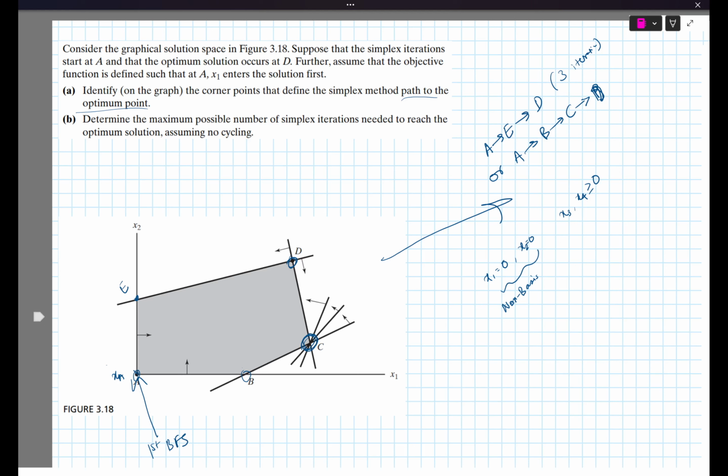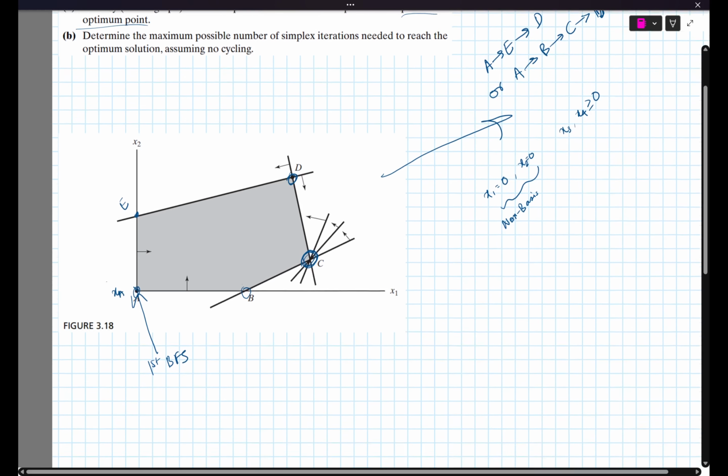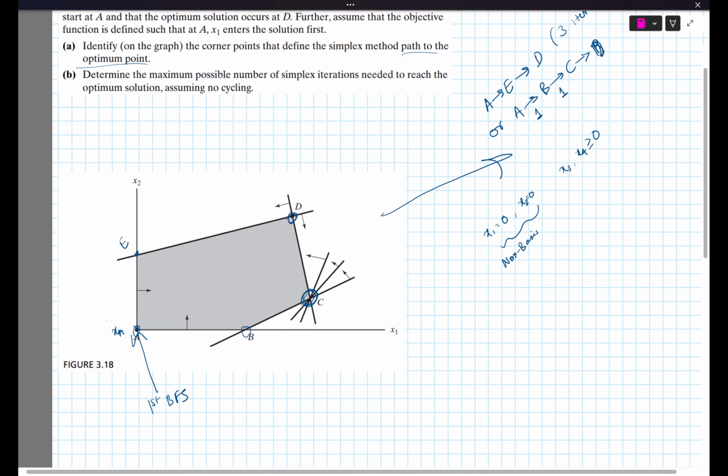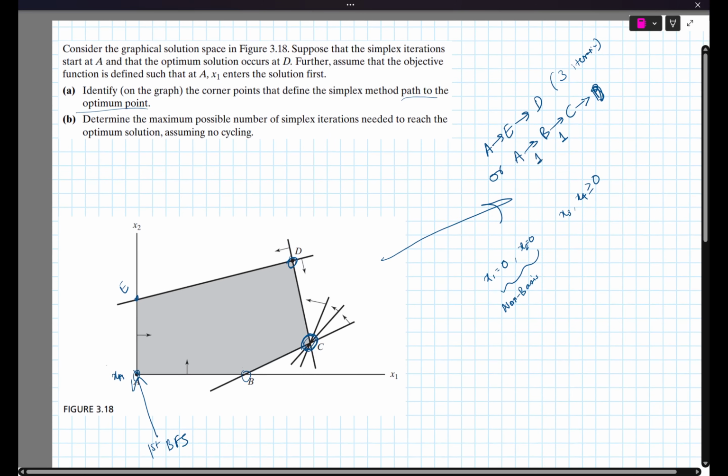It may go from A to B, then it can go B to E. From B to E it cannot go, yes. So on C itself it can iterate a few times. So A to B is one iteration, B to C is one iteration.